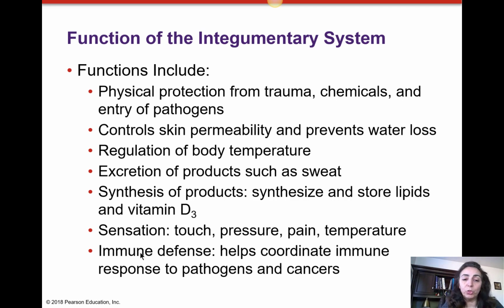Regulation of body temperature: we have many blood vessels in the skin, and part of the regulation of body temperature is through those blood vessels. Excretion of products such as sweat, so that some of the waste of the body can get out through sweat.